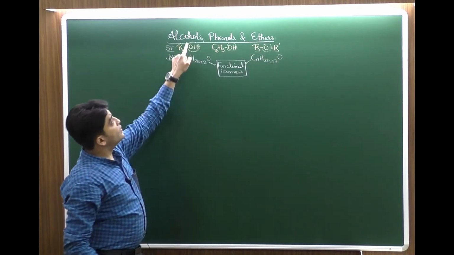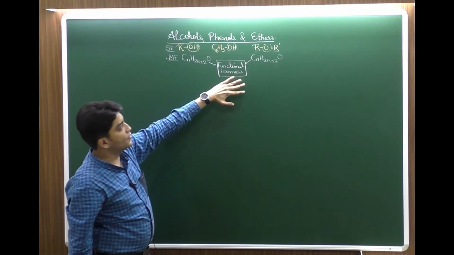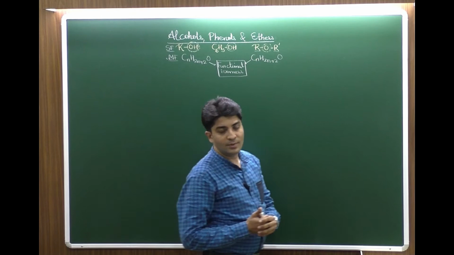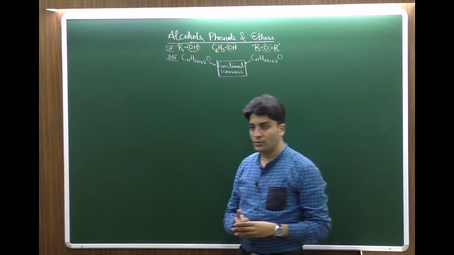So, alcohols and phenols have the common OH, alcohols and ethers are functional isomers. Commonly, all the three have oxygen in them, hence they are also referred to as oxygen containing compounds.